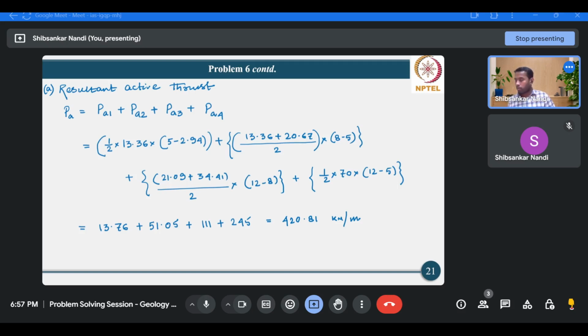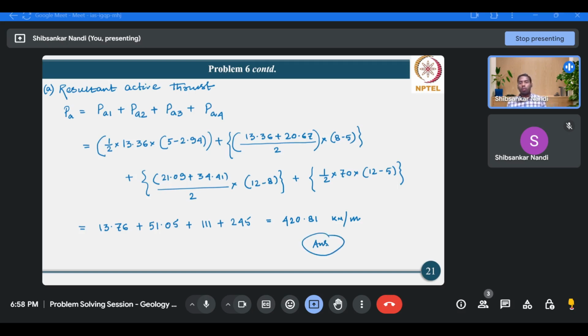Okay, so 420.81. So this is the answer to the first part of this problem.